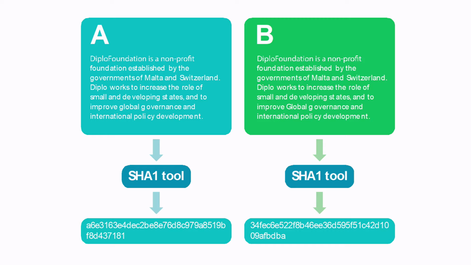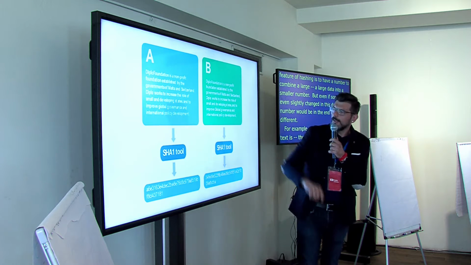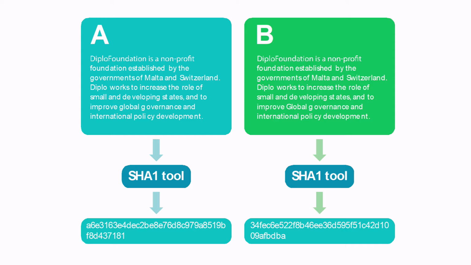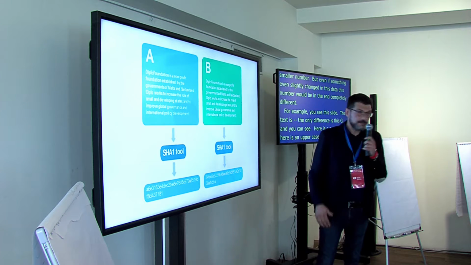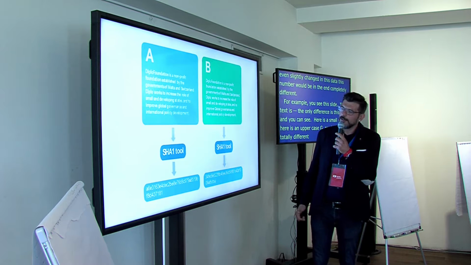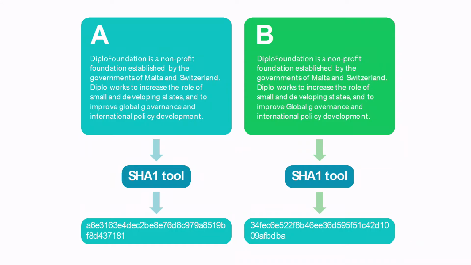For example, you see this slide. The text is different. The only difference is this G. As you can see, here is a lowercase g, here is an uppercase G, producing a totally different hash. So that's the main purpose of hashing. Hashes are used heavily in a blockchain, and today we'll try to mimic a bit simpler hashing.